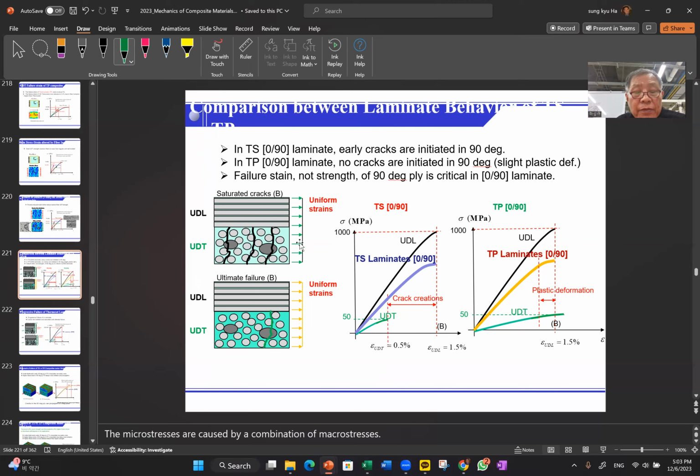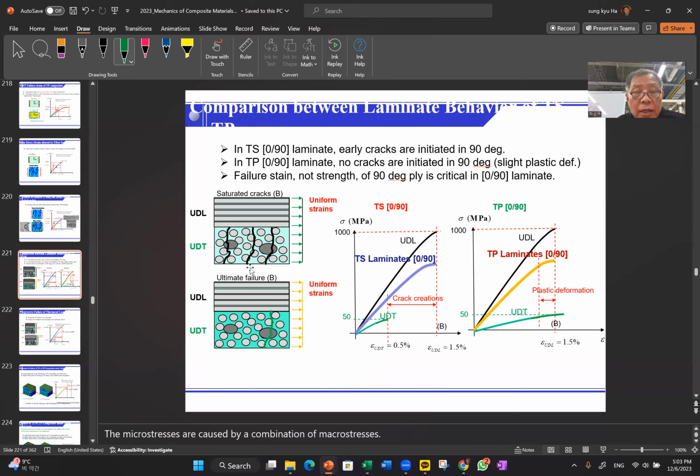Because of uniform strain, the UDL and UDT have to deform at the same strain. So UDT may generate more cracks.